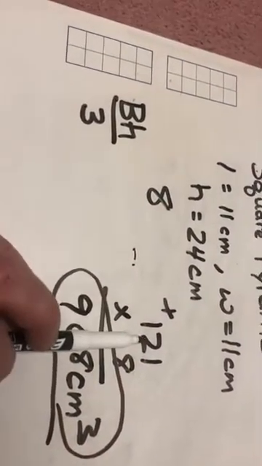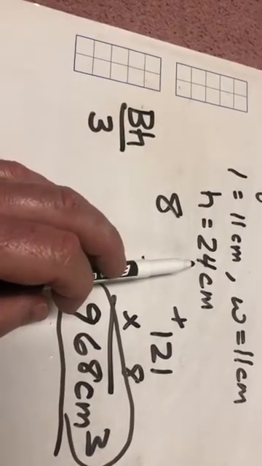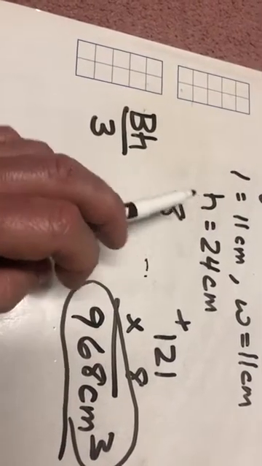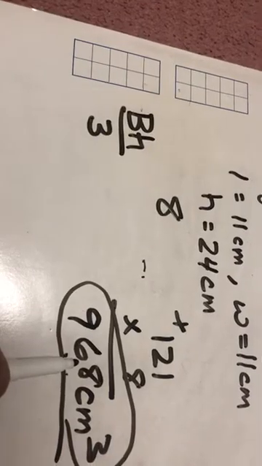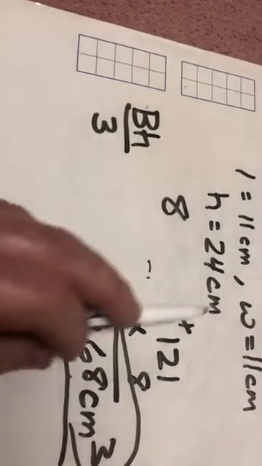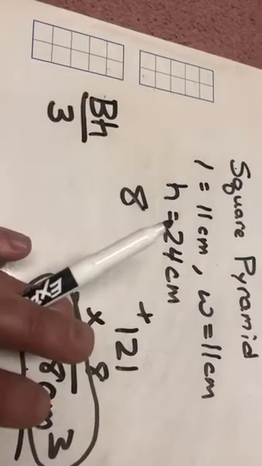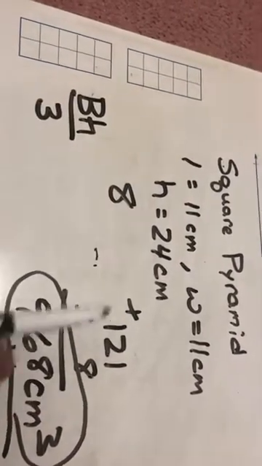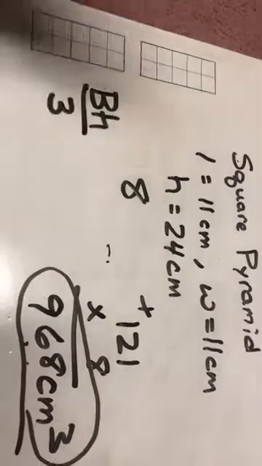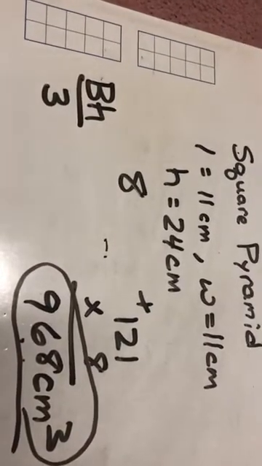And I can assure you that 121 times 8 equaling 968 is the same thing you would have gotten if you would have done 121 times 24, and then whatever that answer was, divided it by 3, you would have gotten 968. So you would have had a lot bigger numbers to work with. And the bigger numbers you work with, as I've said before, and the more problems you do, the more likely it is that somewhere you're going to make a mistake.